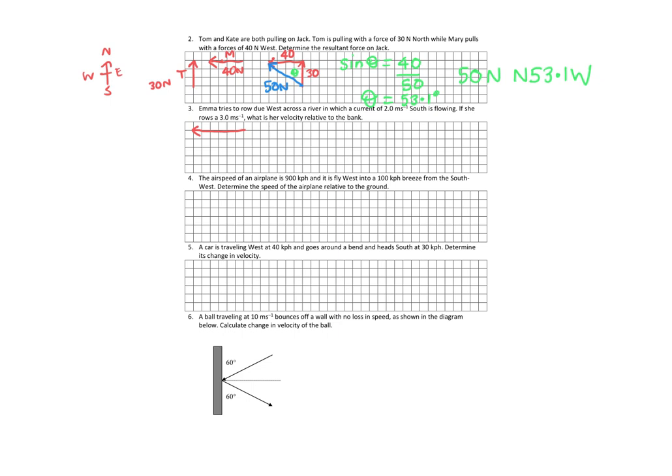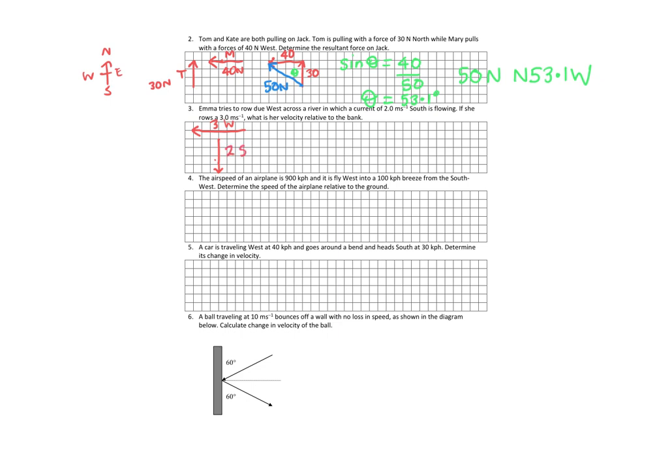She's trying to row at 3 metres per second west, and the current is flowing south, 2 metres per second. So I'm going to make that 4 squares, so 2 squares equals 1 on my scale.